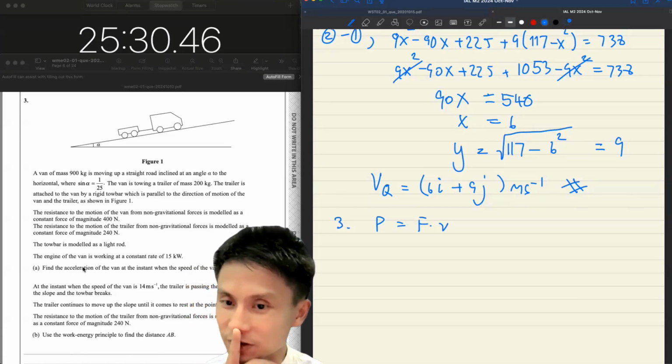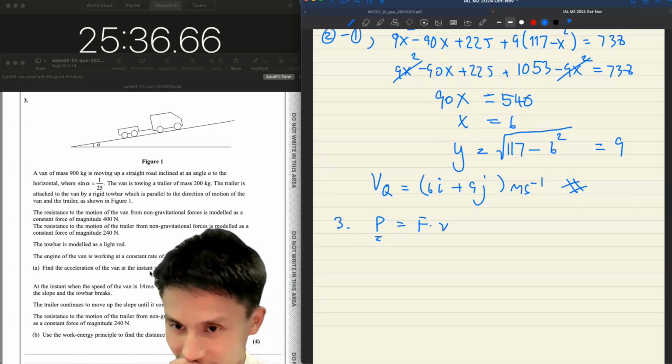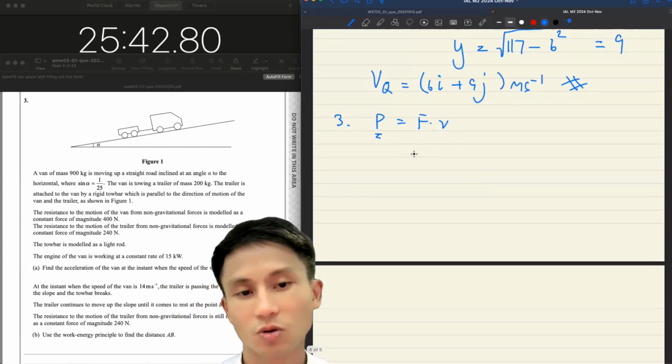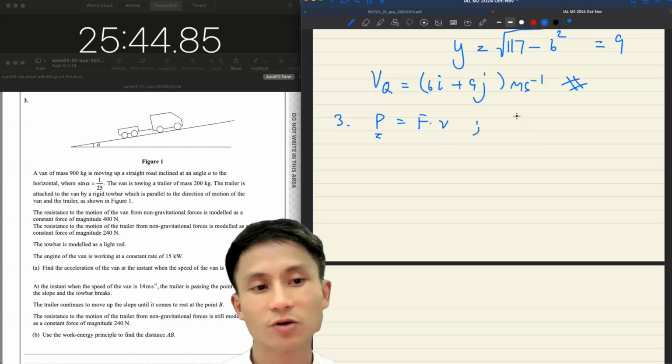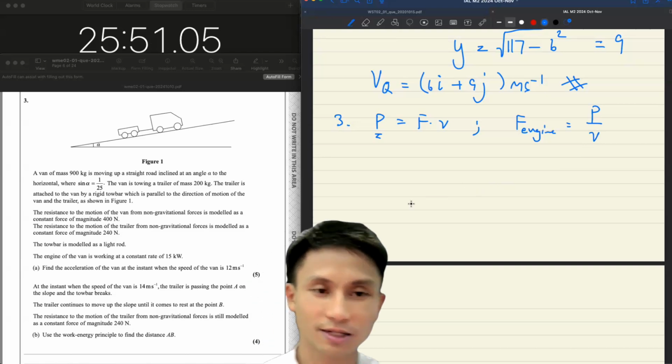The tow bar is modeled as a light rod. The engine of the van is working at a constant rate, so that's important. Power is constant at 15 kilowatts. Because P equals FV, the engine force would be equal to power divided by speed.